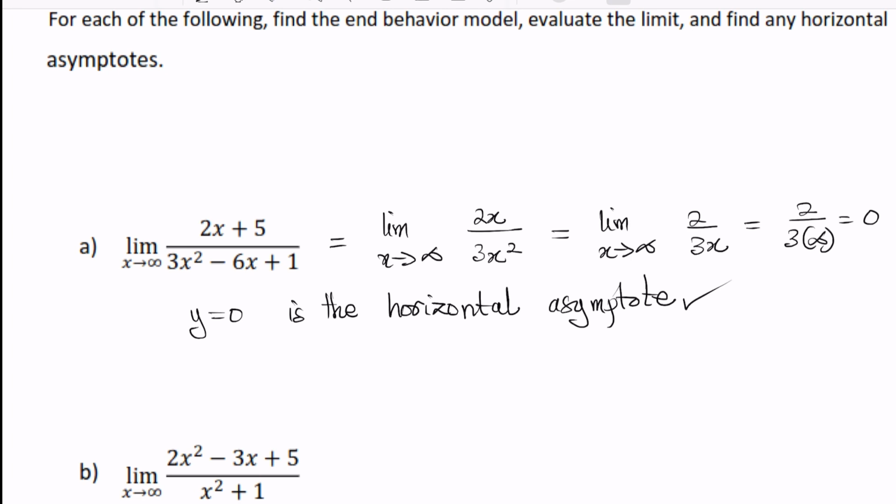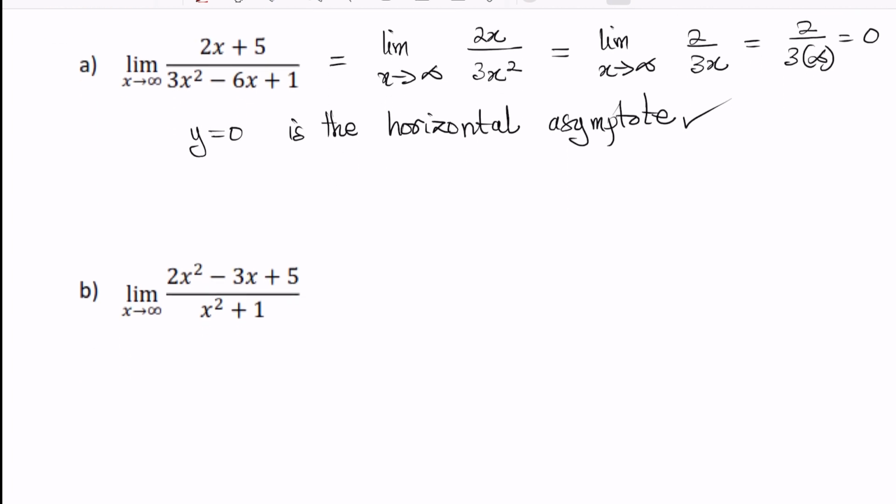So let's proceed to question B. In this question, we are going to solve the limit as x approaches infinity and find the horizontal asymptote. But first of all, let's find the end behavior model. The end behavior model, we said, is to consider the numerator and take the highest power of x on the numerator and forget about the rest.